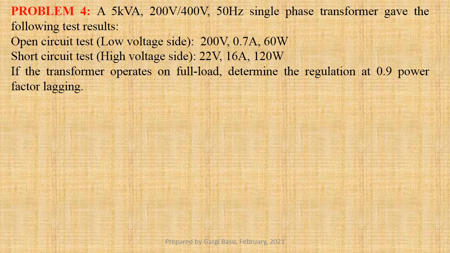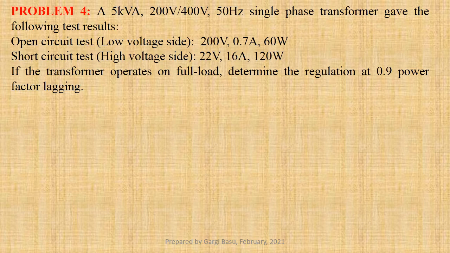During short circuit test, instruments were connected on high voltage side. Available data 22 volt, 16 ampere, 120 watt. If the transformer operates on full load at 0.9 power factor lagging, we have to determine the voltage regulation.